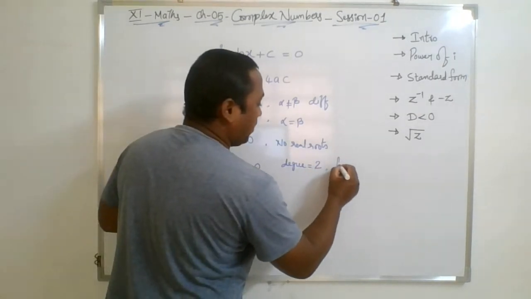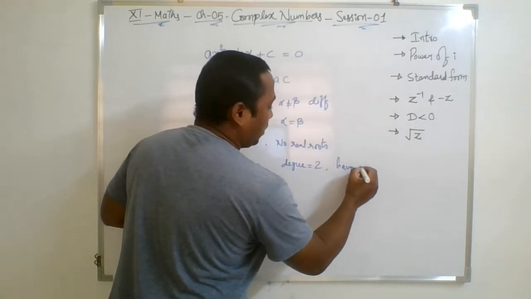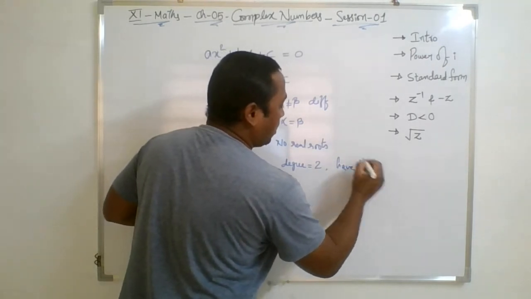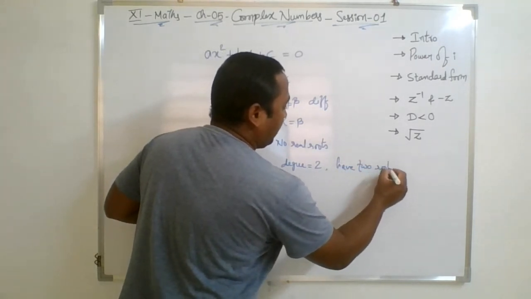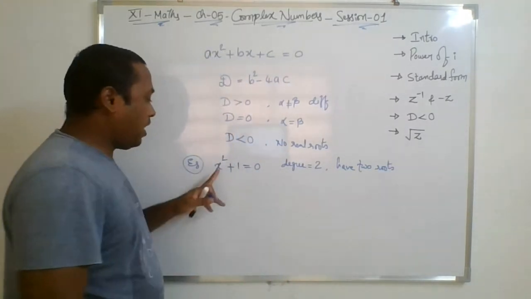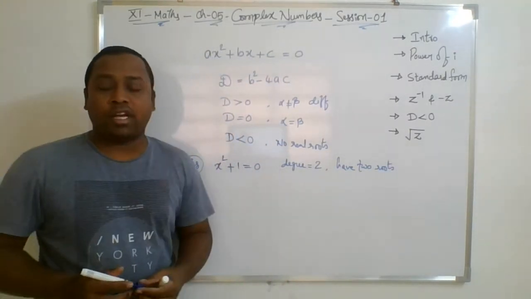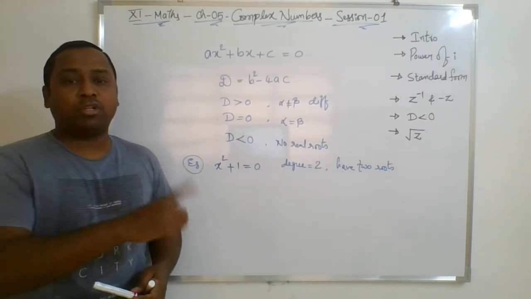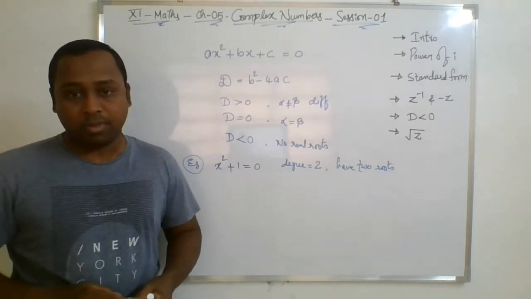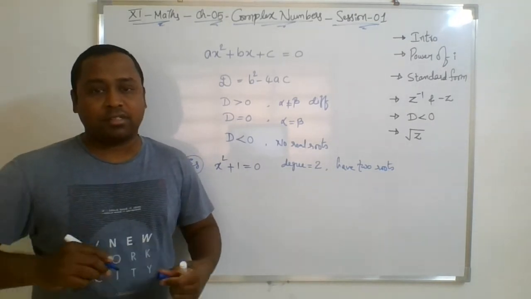It must have two roots, because the definition says whatever the degree of the equation, that many roots are possible. This is a fundamental statement.